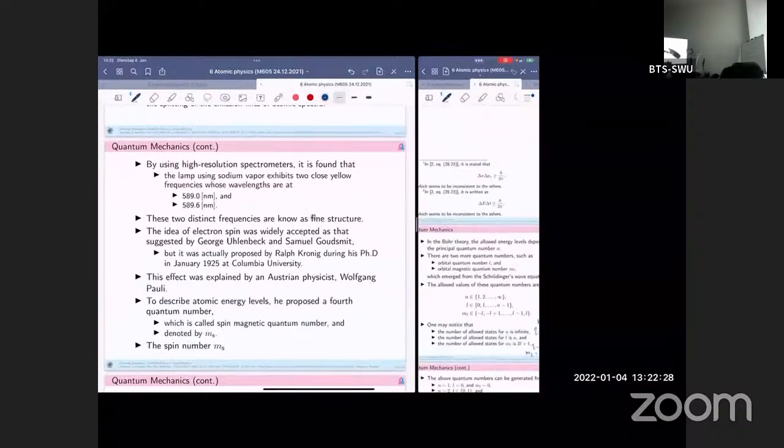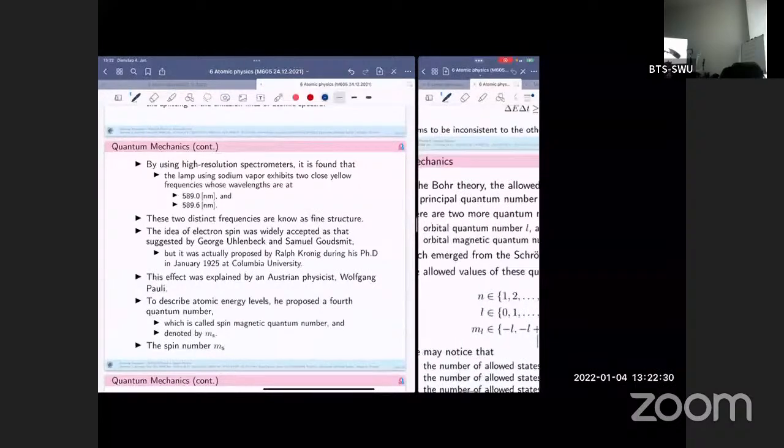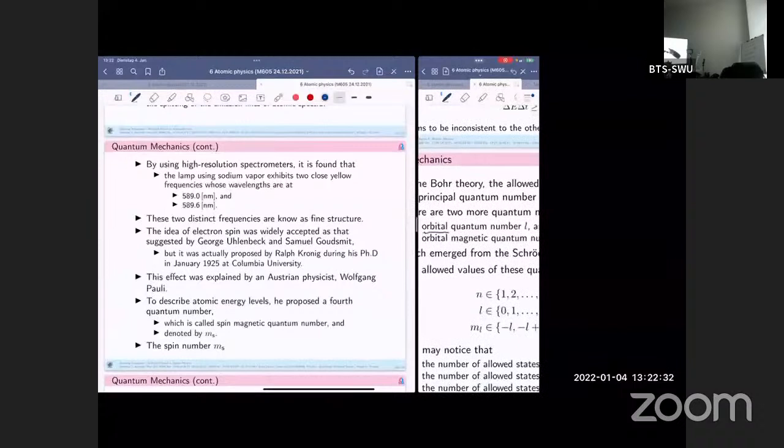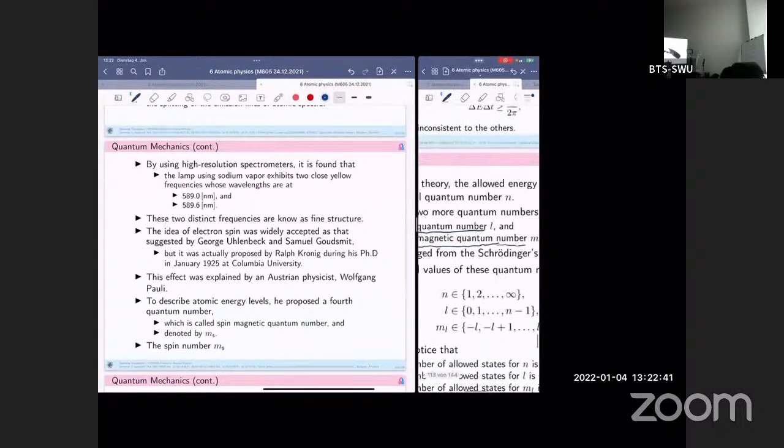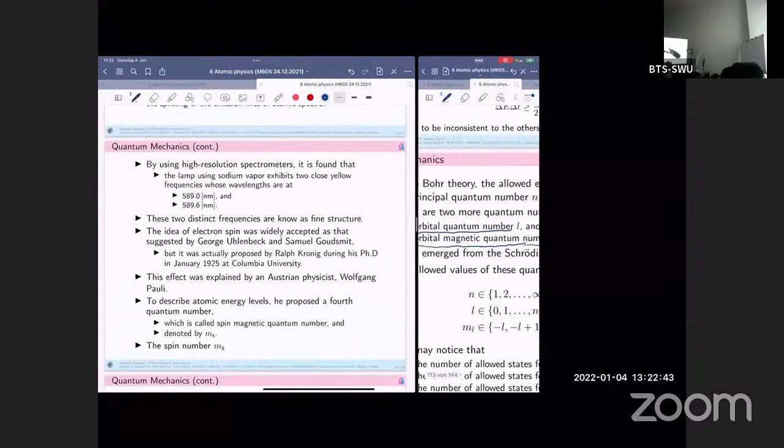I need to mention again here: the orbital quantum number l and the orbital magnetic quantum number m_l, and the fourth, the last one, is the spin magnetic quantum number m_s.